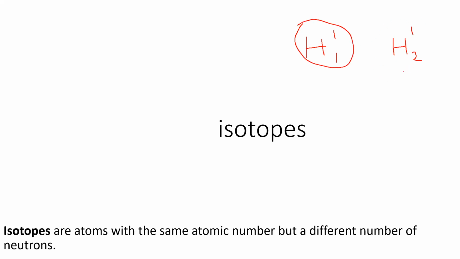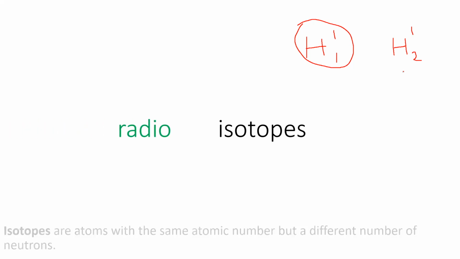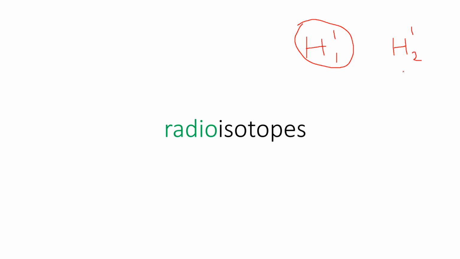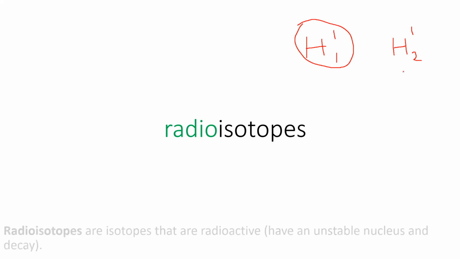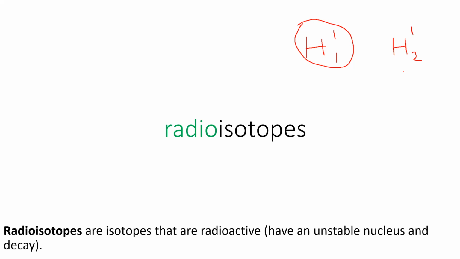Okay, so we're going to introduce this new concept now called radioisotopes. Radioisotopes are a little bit different. You might just be able to connect the dots. So first off, they are an isotope, but they have one other property, and that property is that they are radioactive. Now, if you remember back to yesterday's lesson, what does radioactive mean?